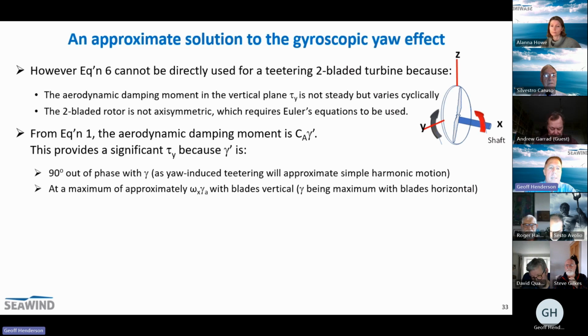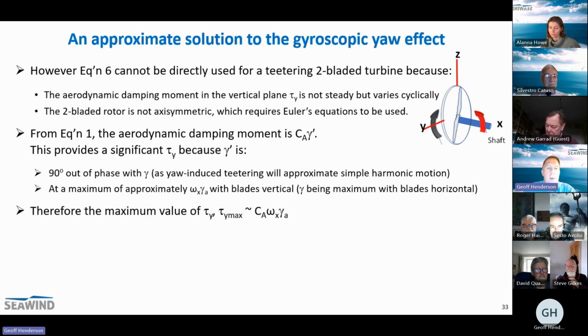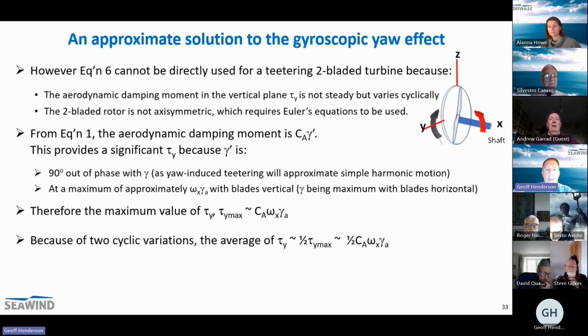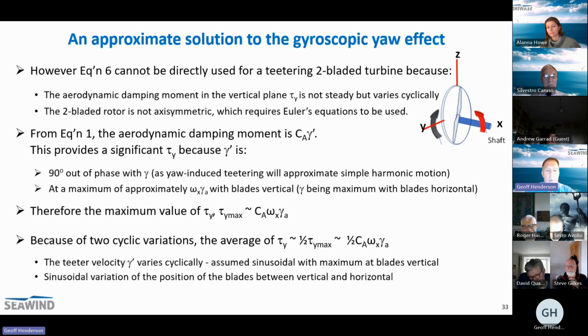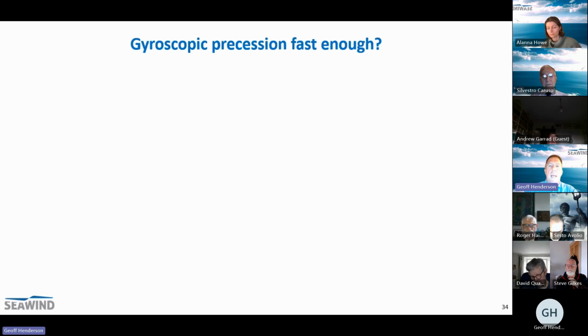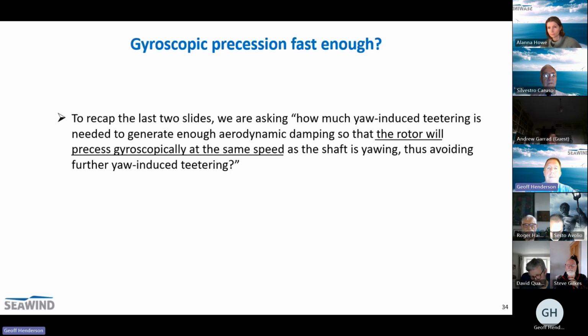So gamma dash is a maximum with blades vertical, and approximately equals omega x times gamma A. Therefore, the maximum value of the torque in the vertical plane is approximately Ca times omega x times gamma A. Because of the two cyclic variations that I mentioned before, it averages out at half that number as a torque in the vertical plane. So is that fast enough?